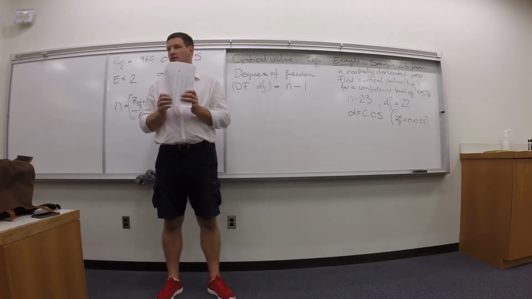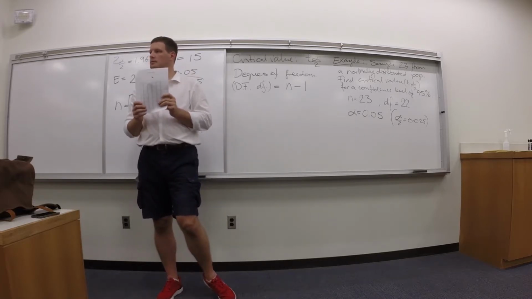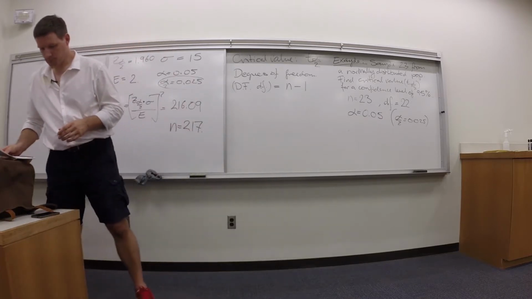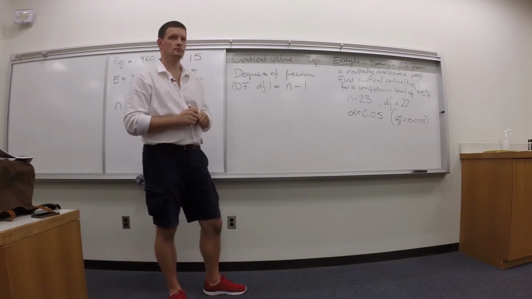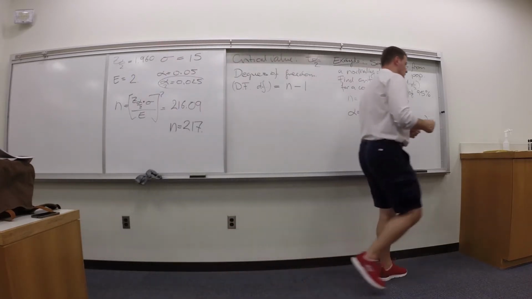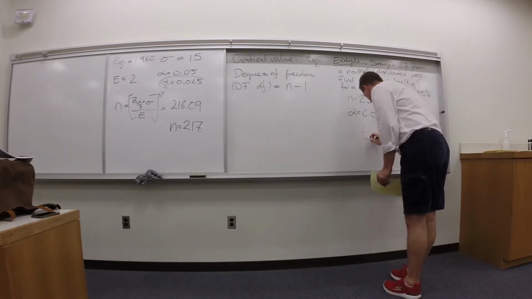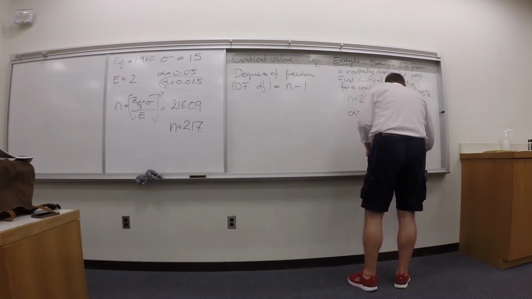I found both, I'm giving you both. Everybody has a preference for one or the other. Okay, so we got T alpha over 2 to be equal to 2.074.